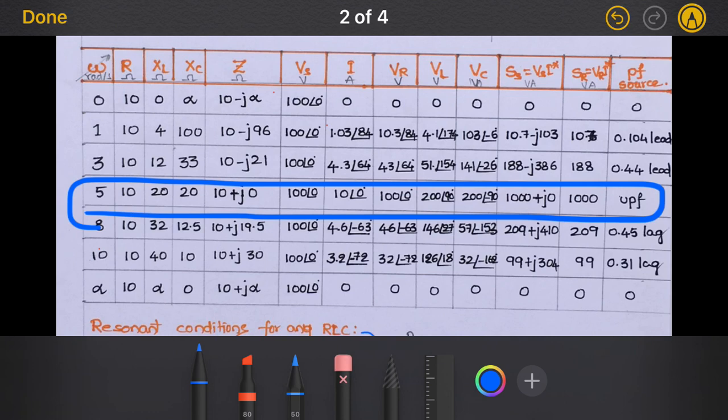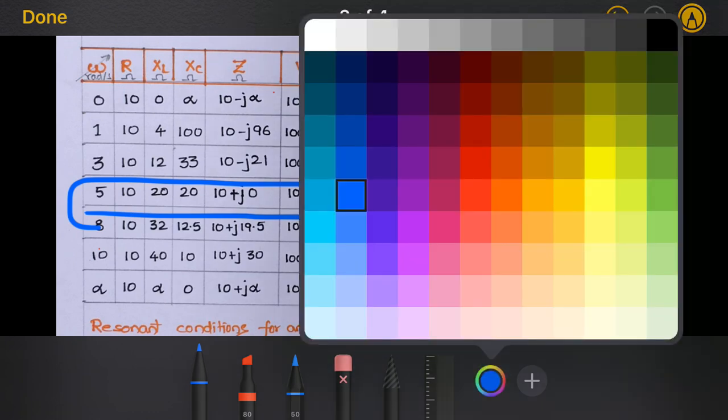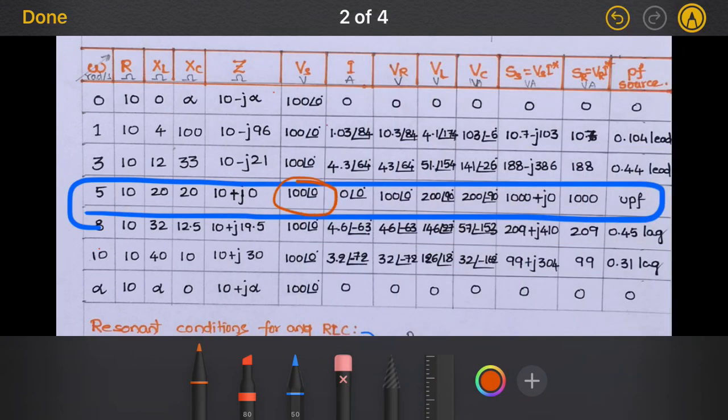Here, the supply voltage is 100 at an angle 0 and the voltage across the resistor is 100 at an angle 0. At resonant condition, the supply voltage and the voltage across the resistor are the same. The second condition is that the inductive reactance is 20 ohm and the capacitive reactance is also 20 ohm. At resonant condition, the inductive and capacitive reactances are equal. That is another condition for the series resonant RLC circuit.